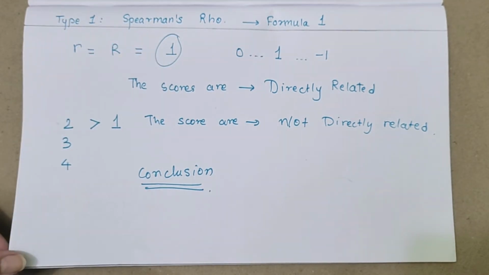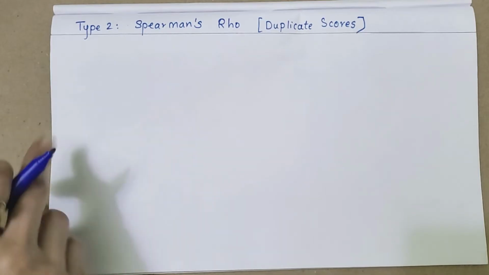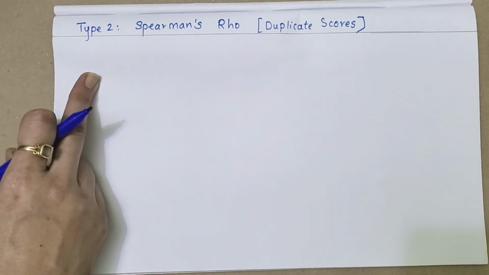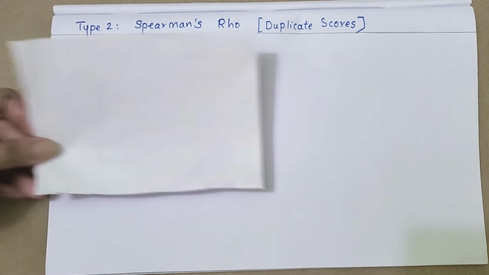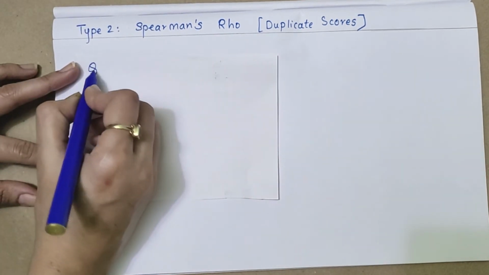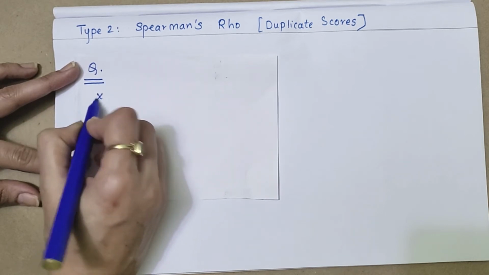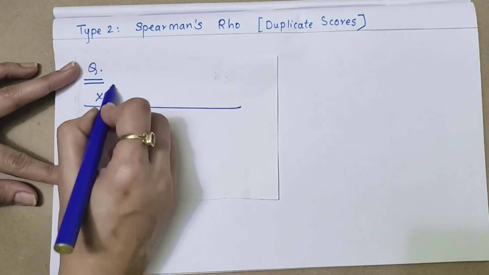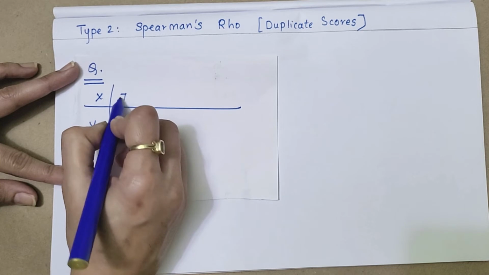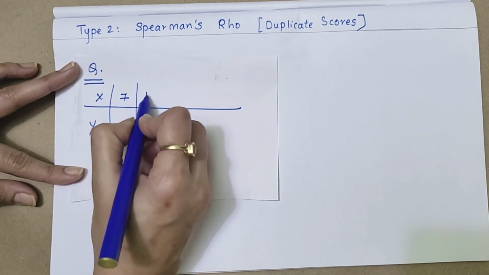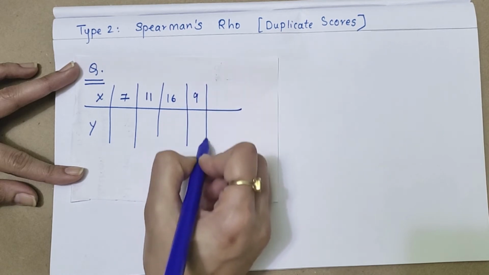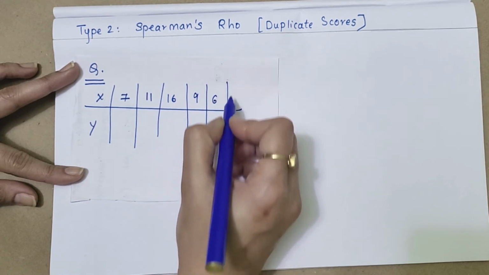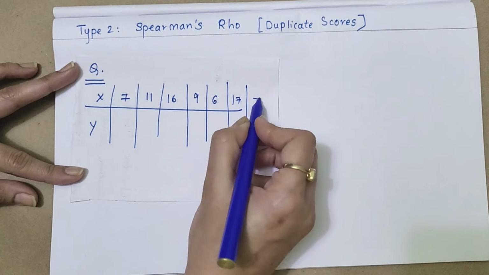Now let's solve the type 2 problem. Let's move to the type 2 Spearman's rho example and we will solve it. Maybe the question is given like this, in this order: 7, 11, 16, 9, 6, 17, 7.